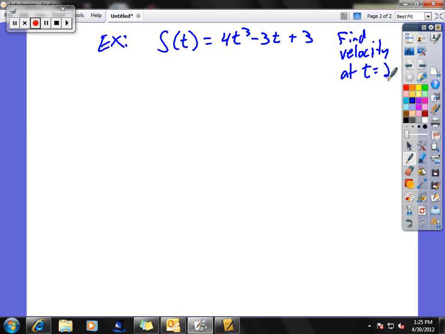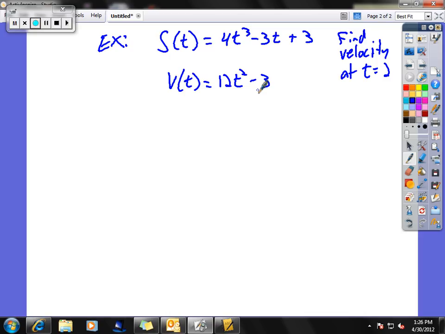Well, if you have a position, then to get the velocity, you just do the derivative of that. Okay, so v of t is going to be 12t squared minus 3, and the last 3 drops out. Alright, and then we plug in that 2.